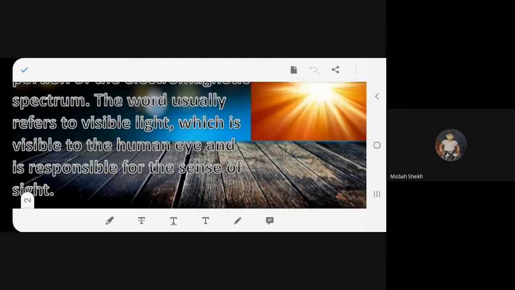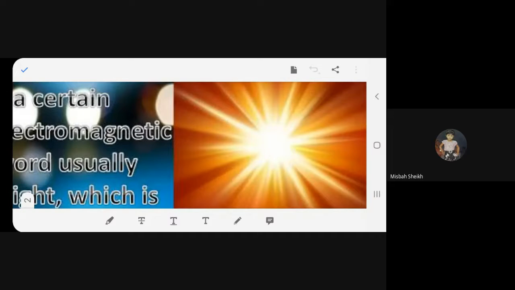And from where are we getting light? From the sun. So the sun is the source of light. This is the natural source, beta. Artificial sources we know: the tube lamps, the LEDs, the bulb, all these are artificial sources of light. But what is the natural source of light? It is the sun. Okay, fine.